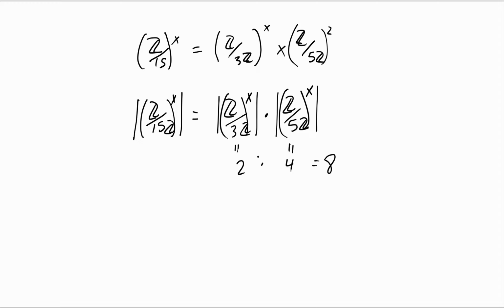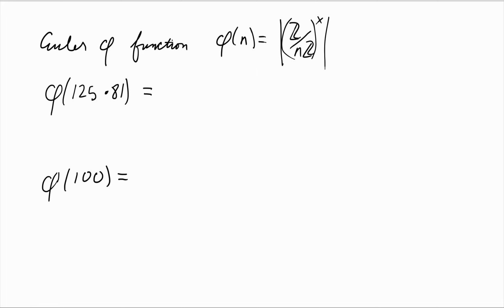And we just multiply those together, we get 8. Okay, we're going to use this idea to calculate the Euler-Phi function, which is actually just what we're calculating now. The Euler-Phi of n is just the size of this multiplicative group when you've thrown out all the elements that don't have inverses.